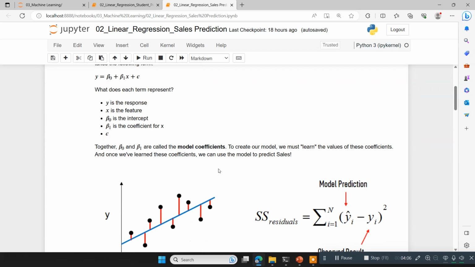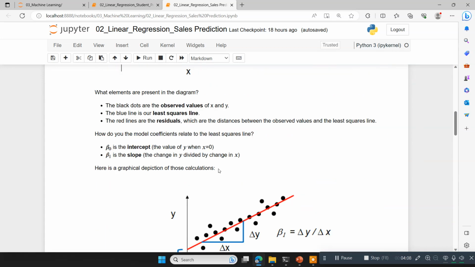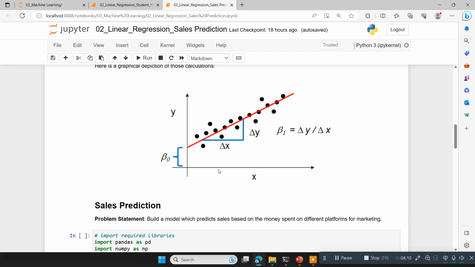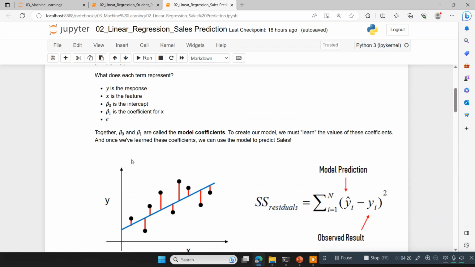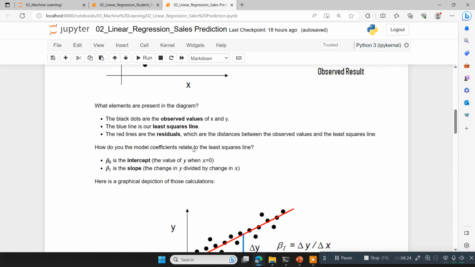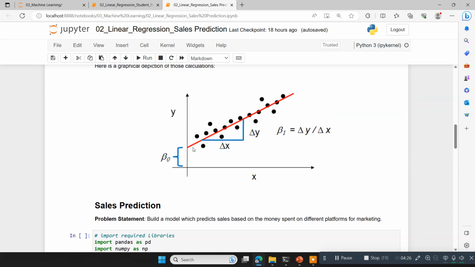So here if you look at this figure, we are finding the relationship between y and x. So y depending on x. Then what is beta 0 here? Beta 0 is intercept. Okay, beta 0 is intercept, and beta 1 is called as coefficient of x. So beta 0 means the distance between this regression line, this is called as regression line, to the x-axis.